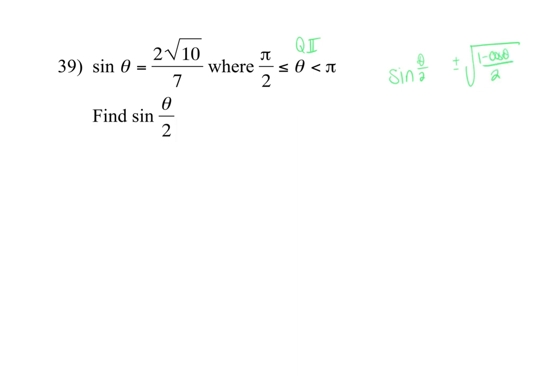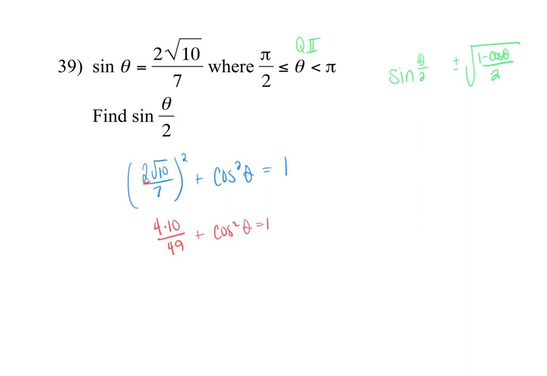So I have to have my cosine, which again, you can use any of your methods to solve. I can say sine squared of x plus the cosine squared of x, or theta, equals 1. Remember, when you square this, you have to square the outside, so that's 4 times 10 over 49.